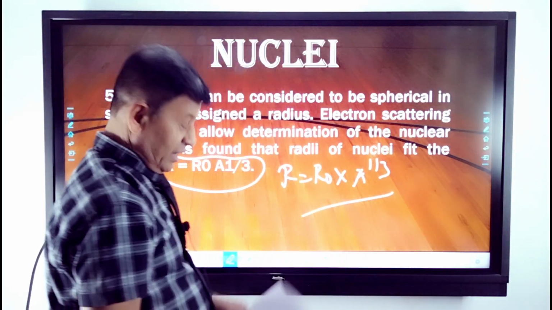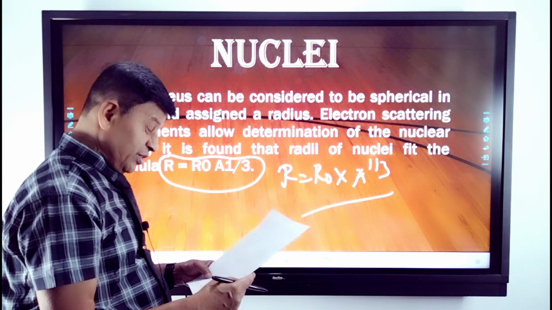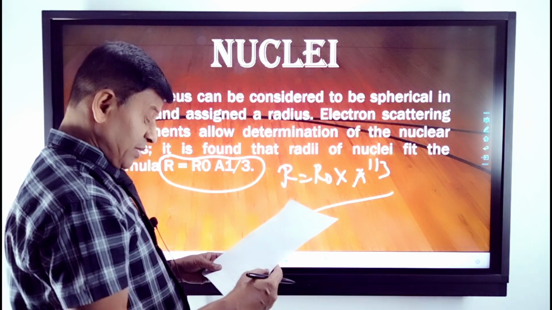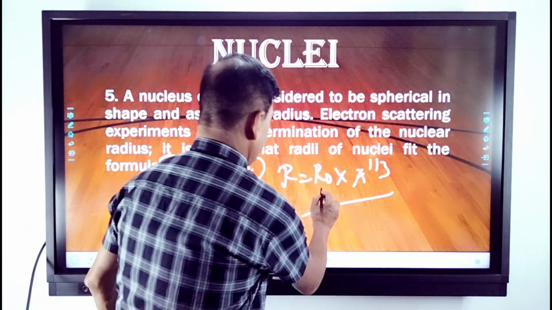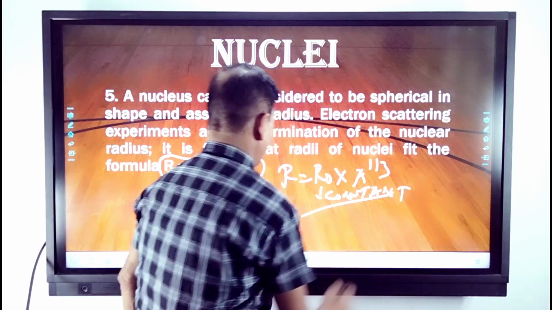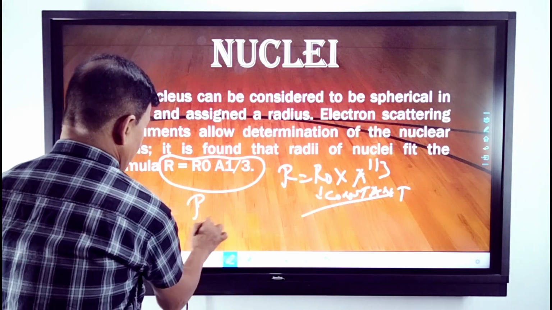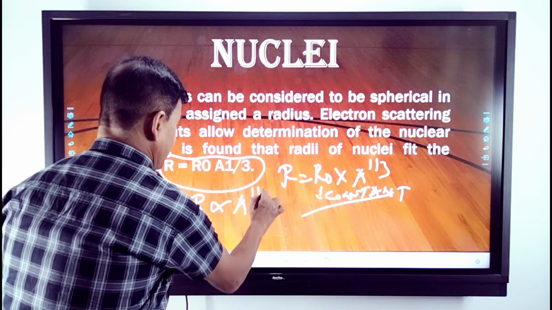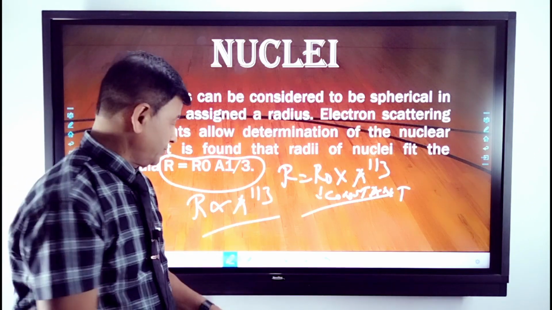The value of R0 is a constant. So you can write that the nuclear radius R varies as A to the power 1/3.